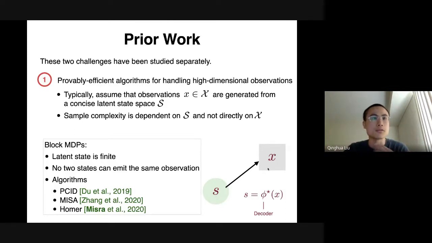One popular model satisfying this assumption is called block MDPs.